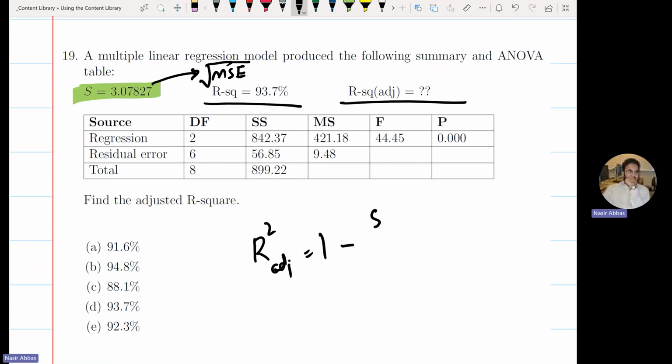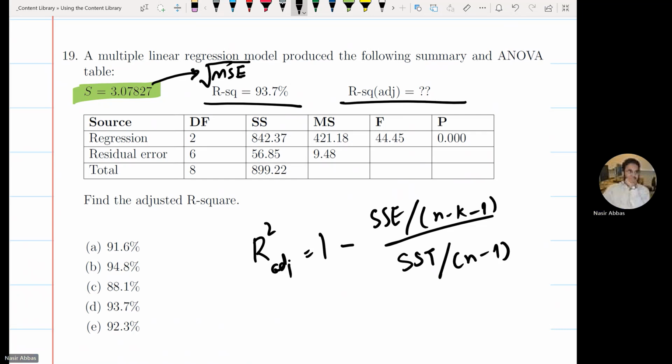It is 1 minus SSE over its degree of freedom divided by SST over its degree of freedom. So this is equal to 1 minus, what is SSE from the table? Its degree of freedom. SST.